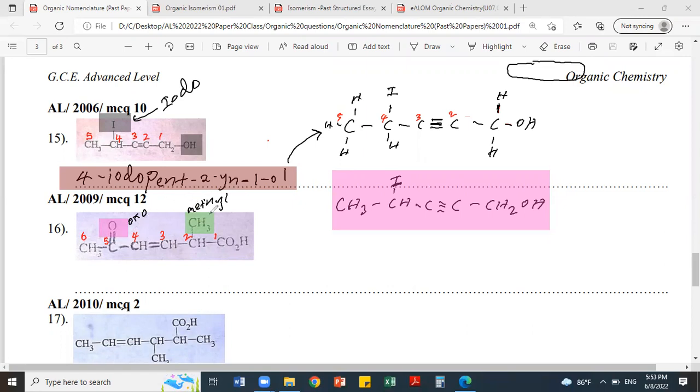Oxo or methyl? There are two substituent groups, two side groups attached. So we have to write all the side groups at the beginning of the name according to their alphabetical order. So what should come first, methyl or oxo? 5-oxo or 2-methyl?